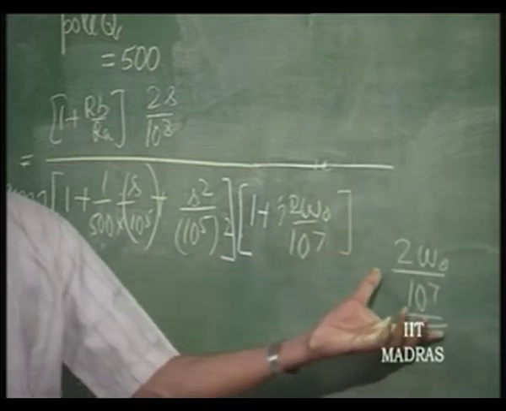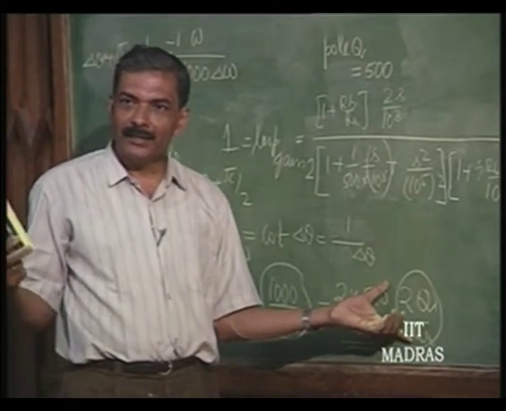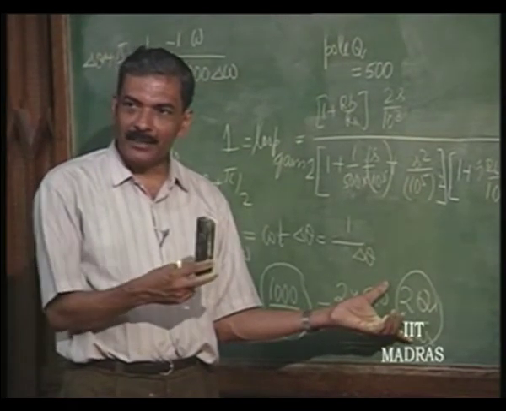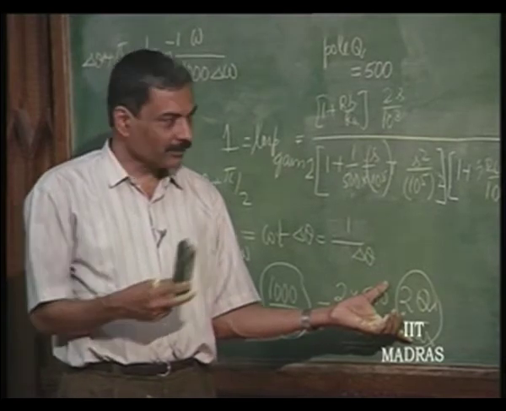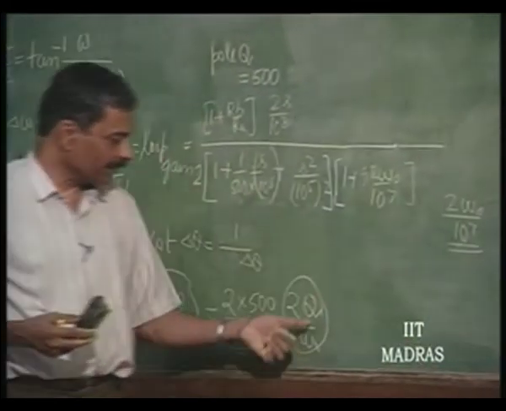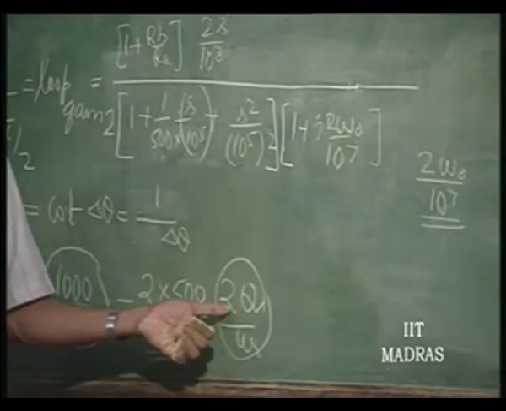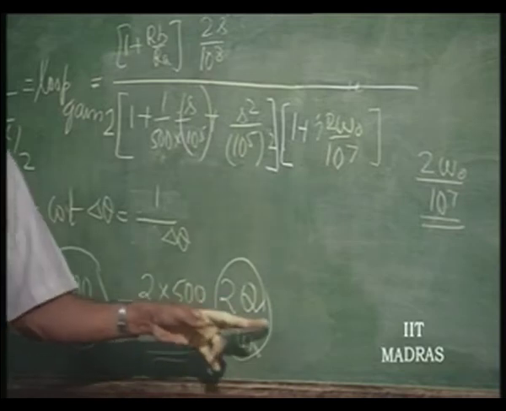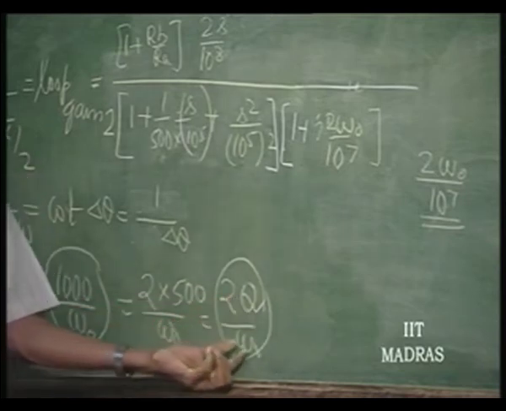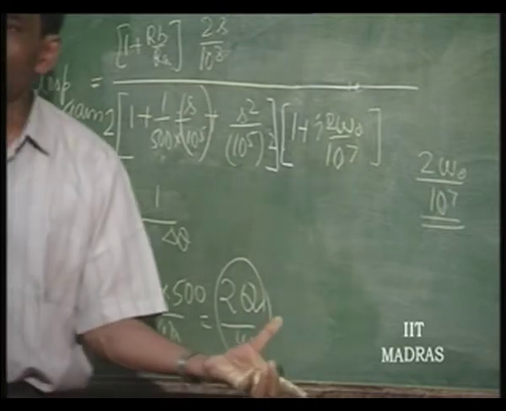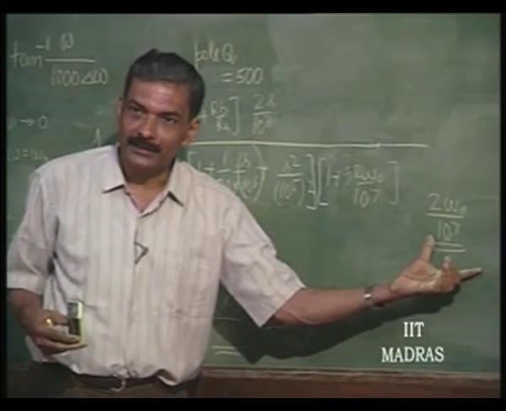So, 2 omega naught by 10 to the power 7 is the additional phase error. To that extent this will have to contribute, and that can be done by changing very little from omega naught. So, this phase error can be compensated by this slope here. The slope is directly proportional to Q, and therefore, because Q is very high, the omega has to change very little from omega naught in order to accommodate this phase error. Is this clear?